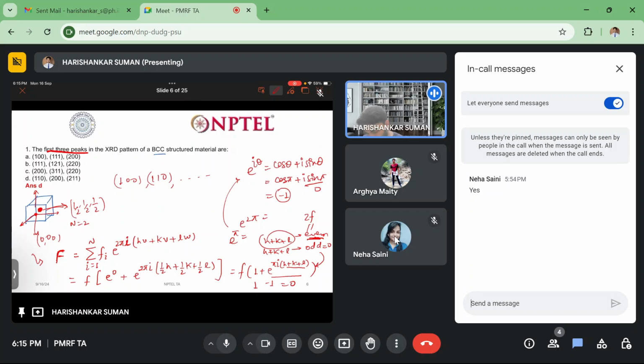Some gave even, this is 3, this is not, this is also not, 2, this is also not, but this is the correct answer. So you can find it like that.